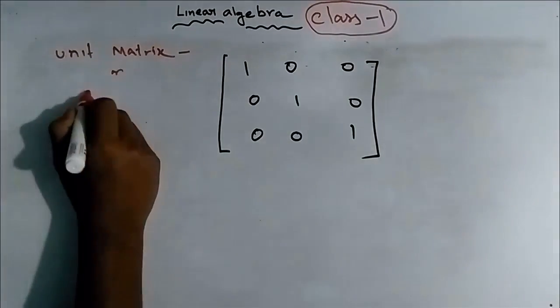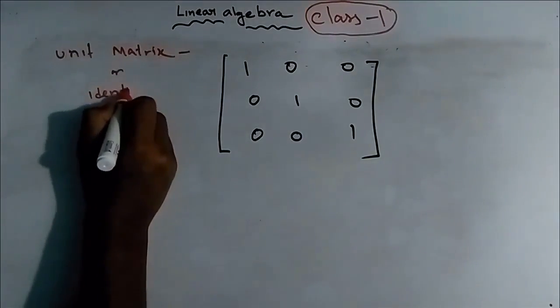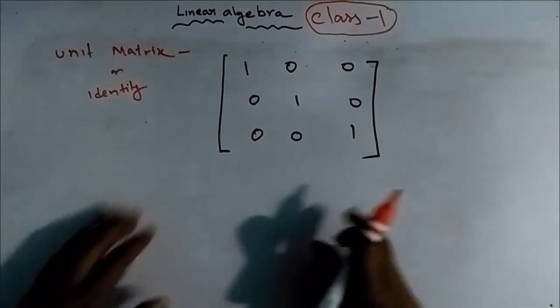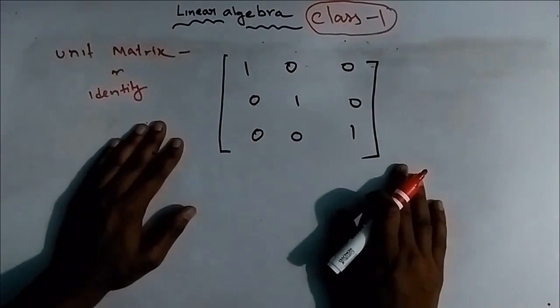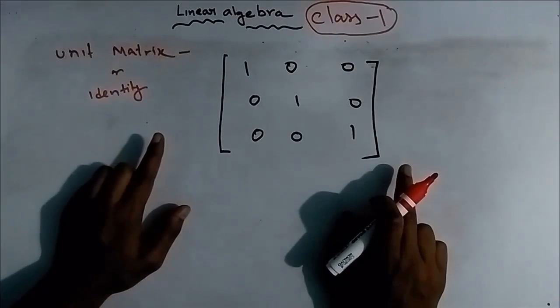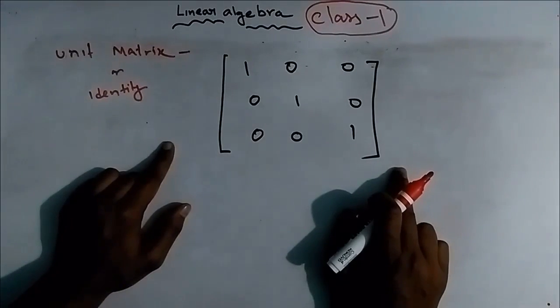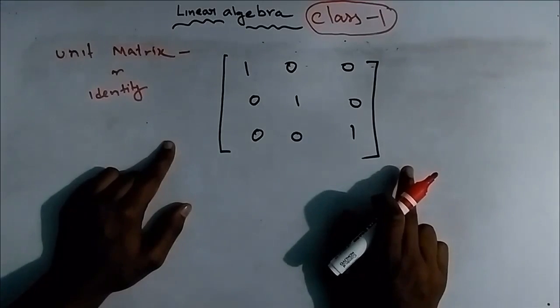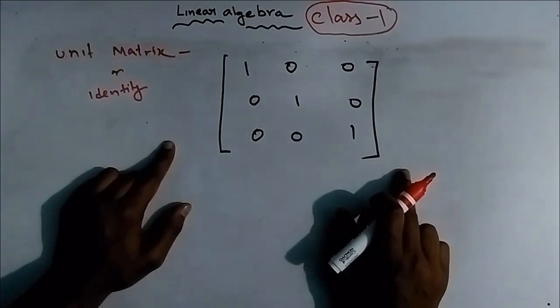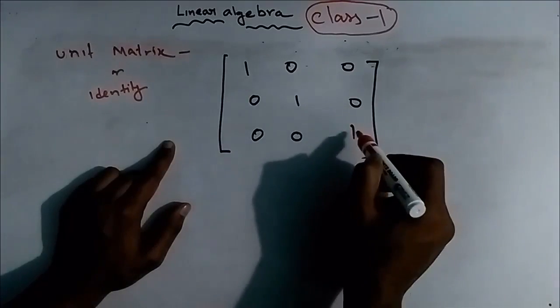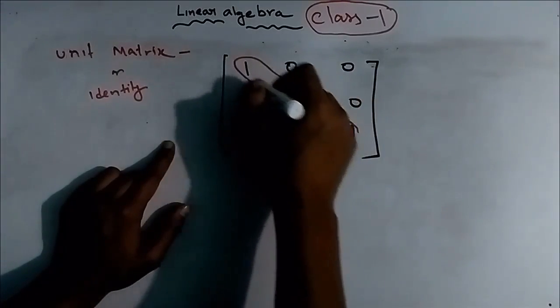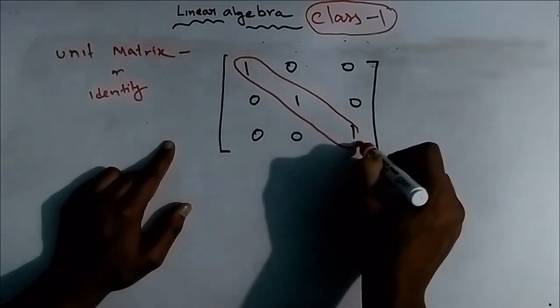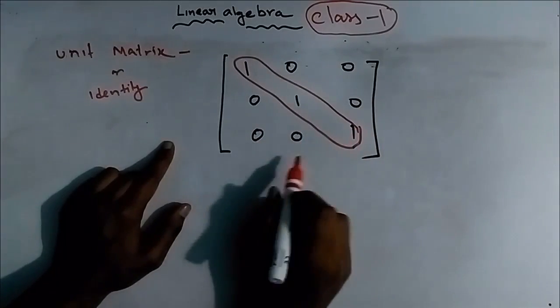Okay, and guys, learn this identity matrix very carefully, because in the coming theory portion of this linear algebra we will mainly deal with the unit matrix or identity matrix. So an identity matrix is one in which all the diagonal elements are 1, unity, and all other off-diagonal elements are 0.